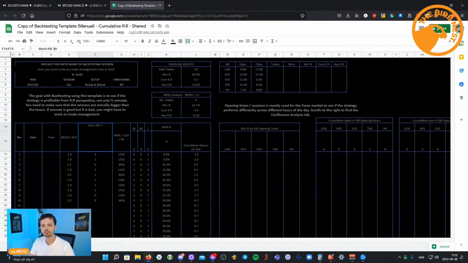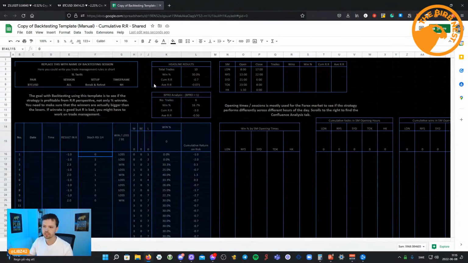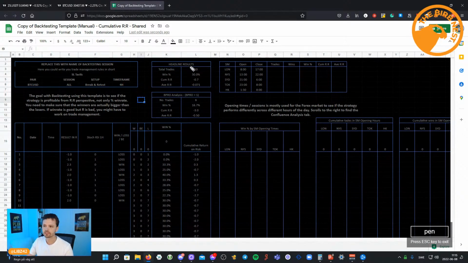I'm working on this spreadsheet so you'll be able to have more confluence analysis. This is where the main results are, and this is where the confluence analysis is. You can see that you have 30% win rate versus 16% win rate, which is just terrible, obviously.